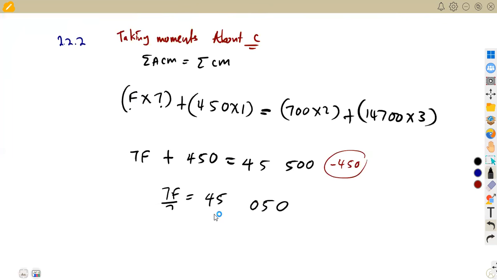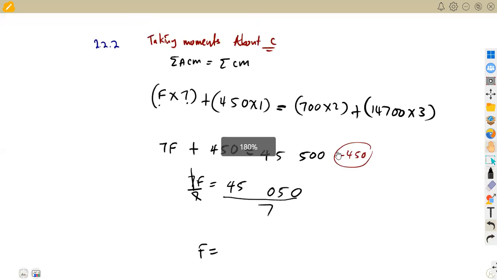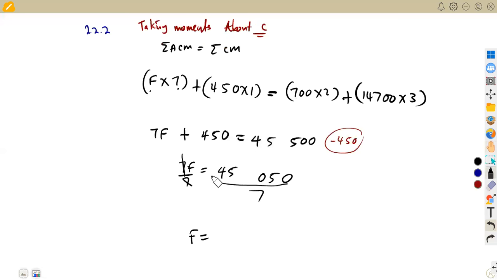So you can divide by 7, since we have to calculate the value of F. So this was to cancel. So our F is going to be given as what? If we simplify, 45,050 divided by 7 is going to be 6,435.714 in Newton.